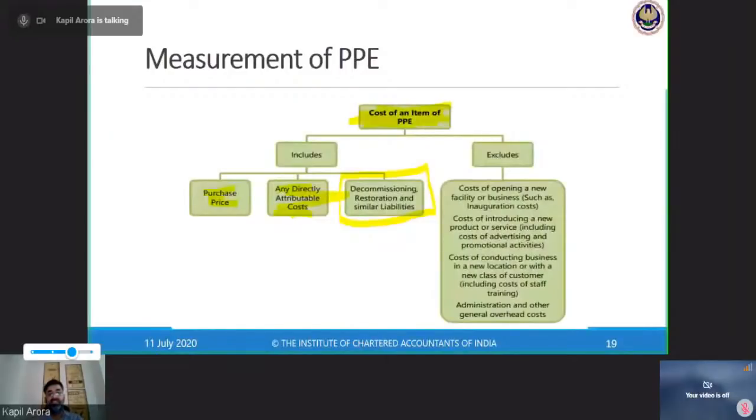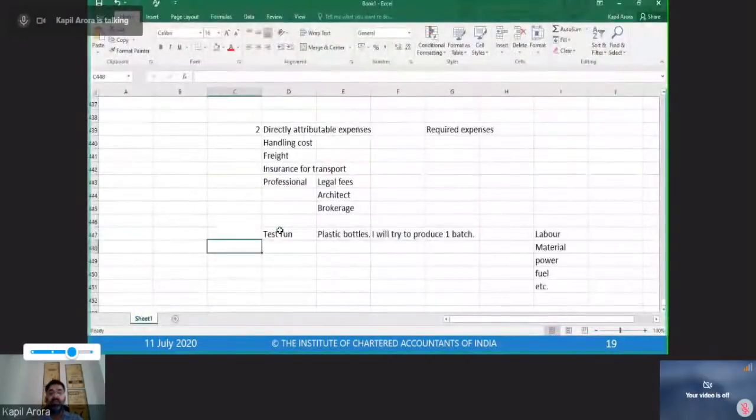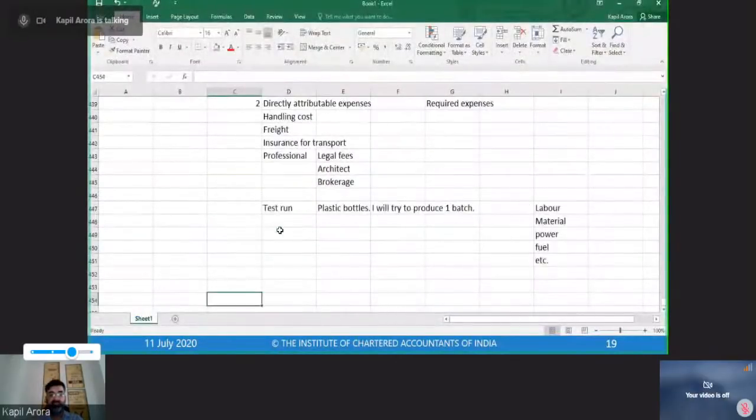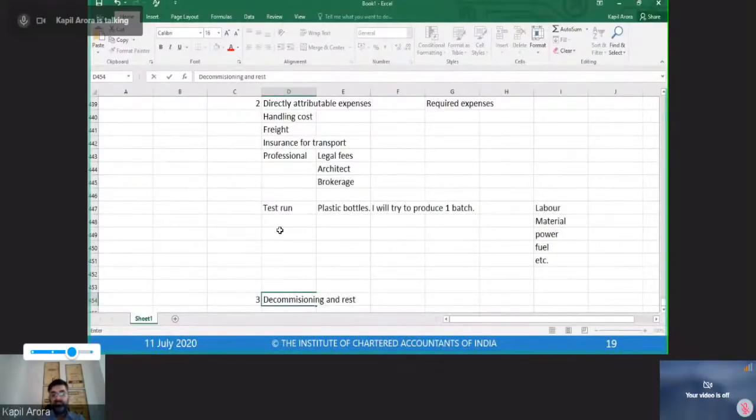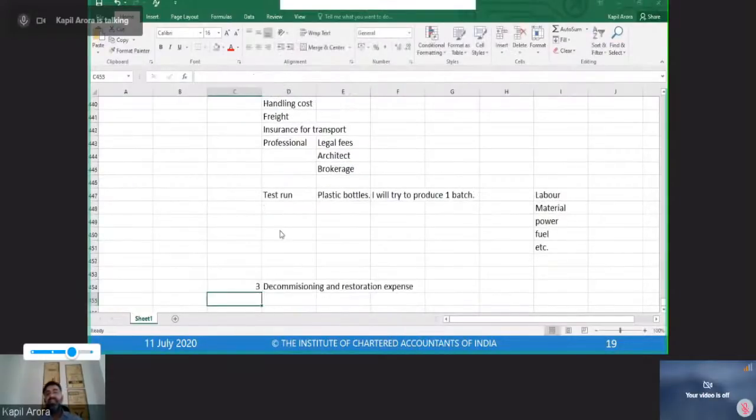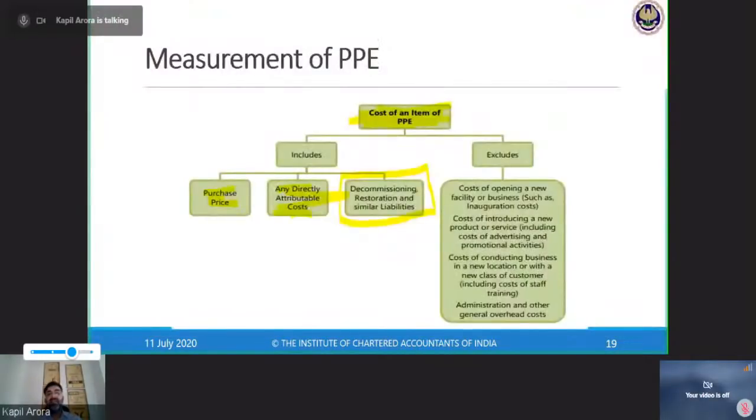First is purchase cost, second is directly attributable cost, and the third item which we have is decommissioning and restoration expense. So decommissioning and restoration expense, which is required, will also be added in the value of asset.